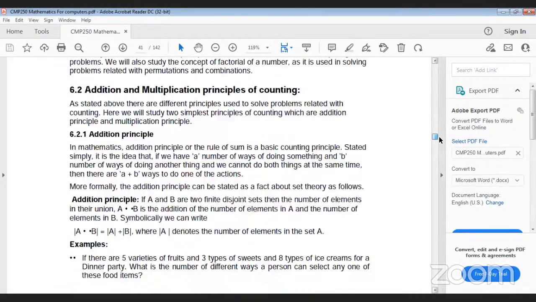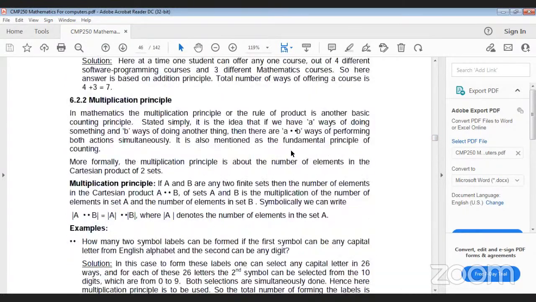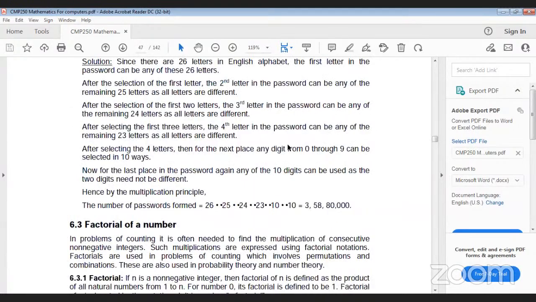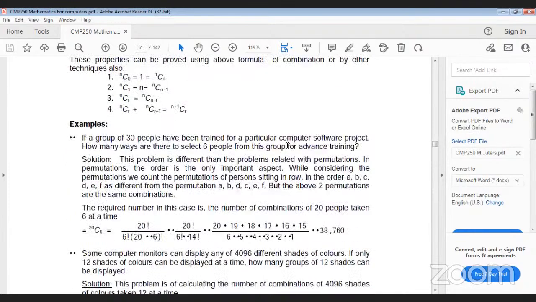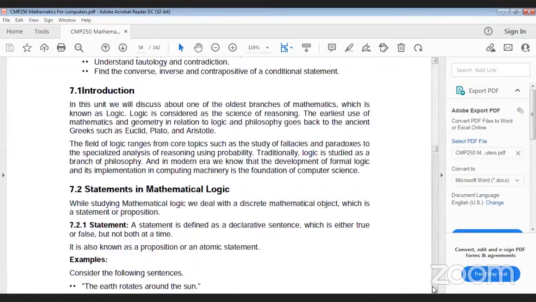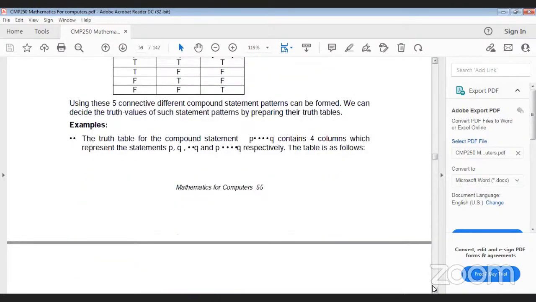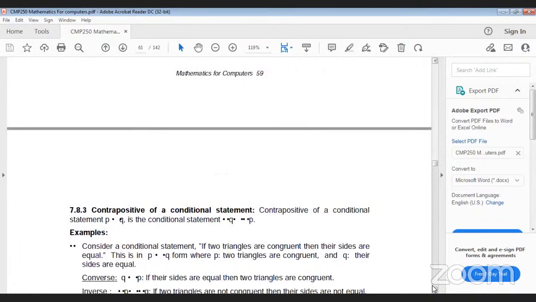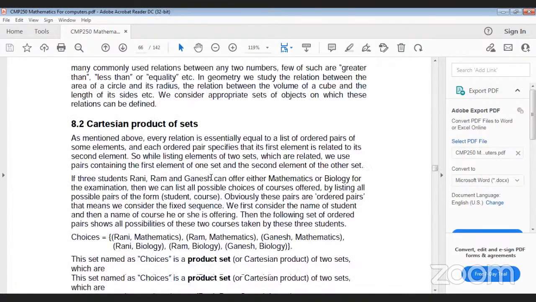Okay, so we are done with number system. Permutation and combination was also done. We were about to start with relation. Logic was also done. In relation, we just started it, right?